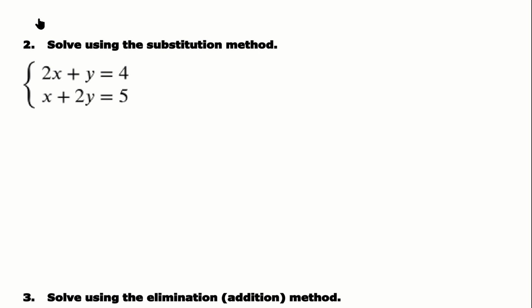So let's go ahead and solve the first equation for y. So we're going to get y equals 4 minus 2x. We subtracted 2x from both sides basically, or change sides, change signs, as you know.